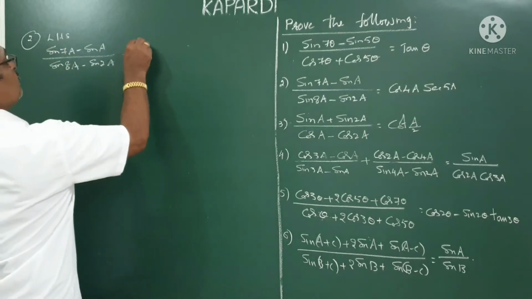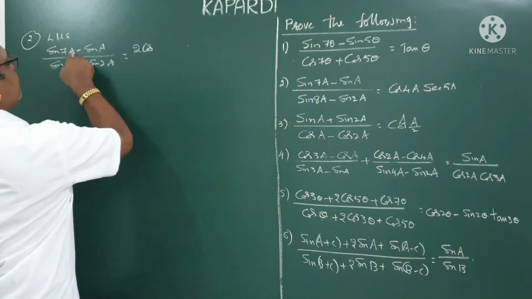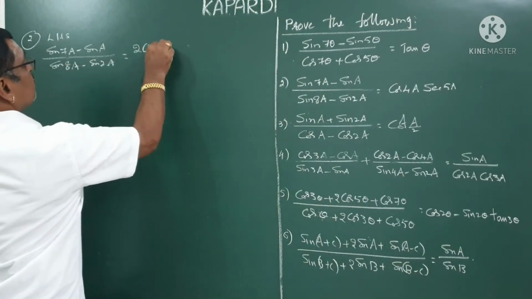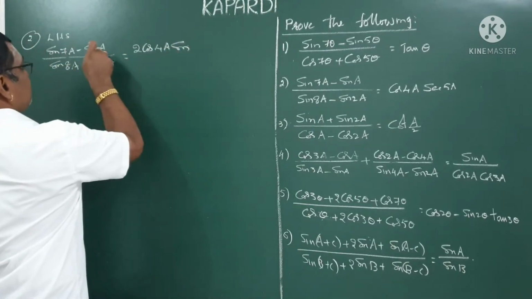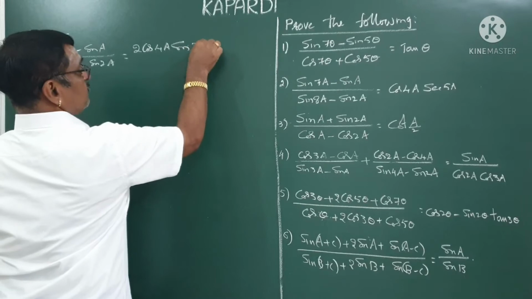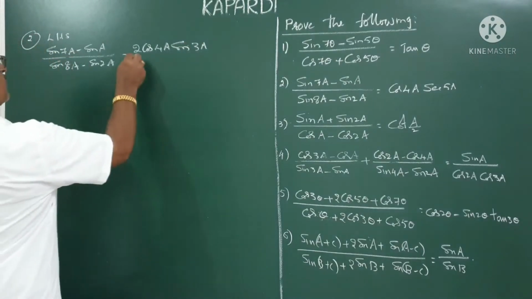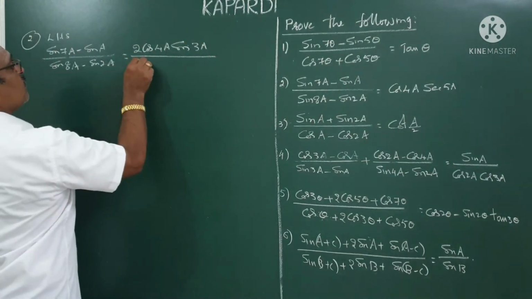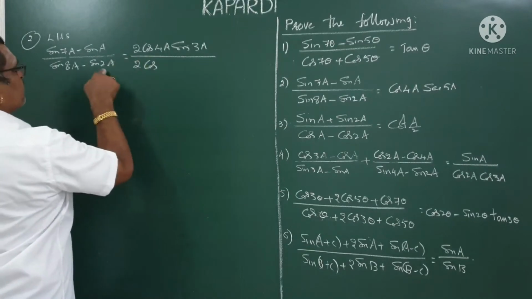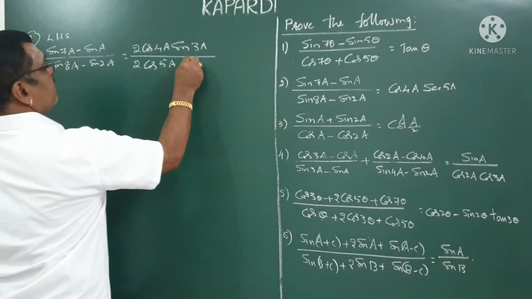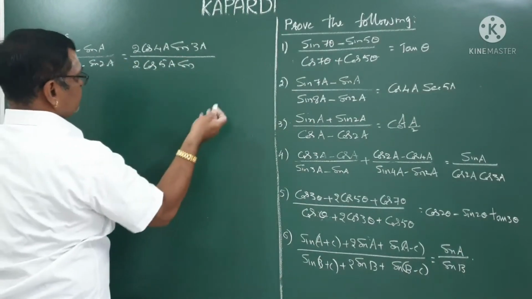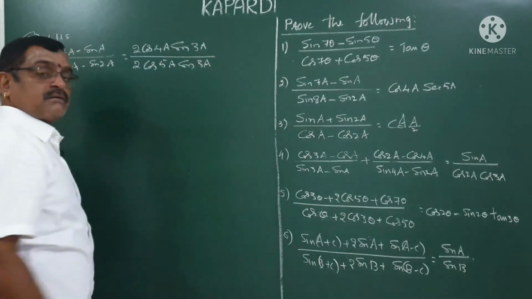Just apply the formula: 2 cos of (7a plus a) by 2, 4a, sin of (7a minus a) by 2, 3a, by 2 cos of (8 plus 2) by 2, 5a, and sin of (8 minus 2) by 2, 3a.